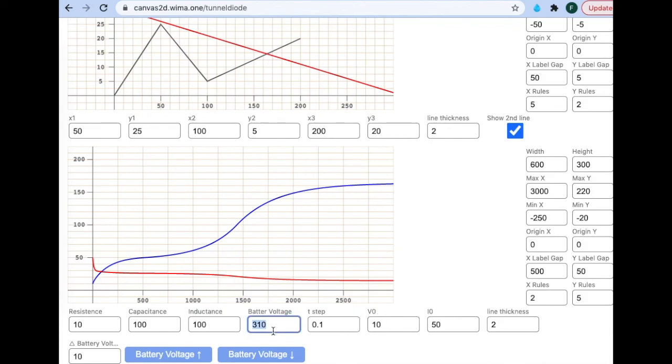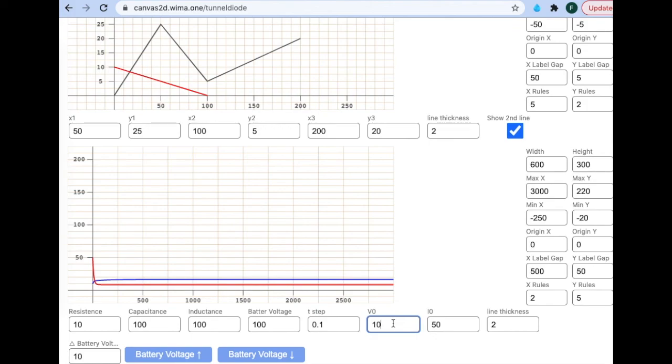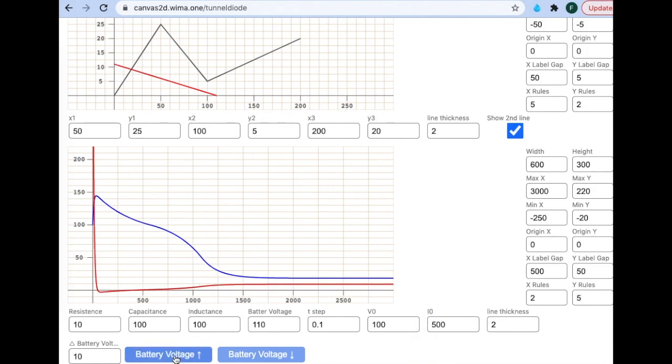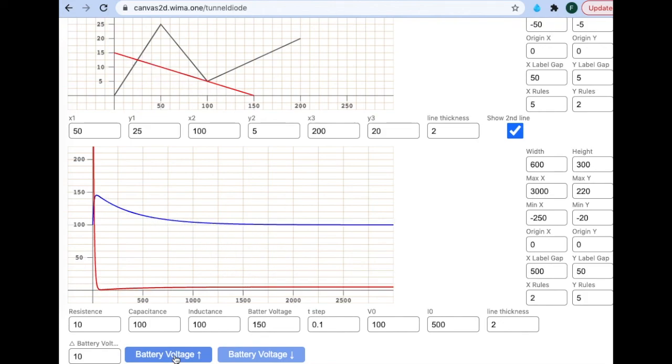Now let's change the battery to 100 and the voltage to 100. Okay, so the initial voltage V is 100 and the current is 500. Let's increase the voltage and see what happens. We already have a jump.